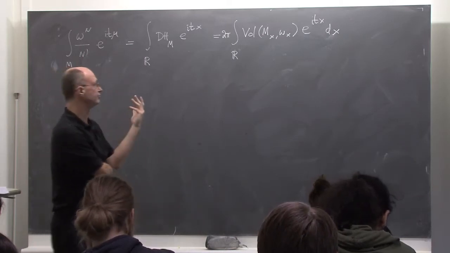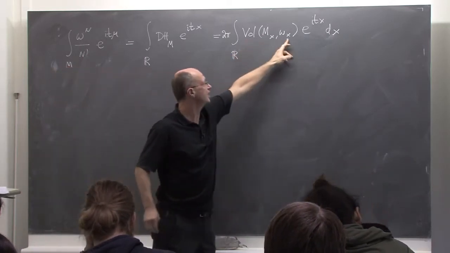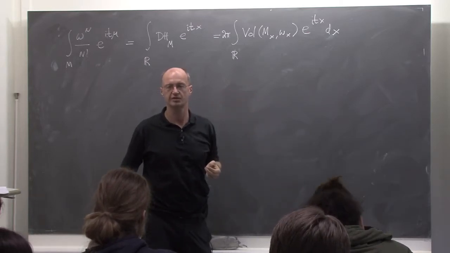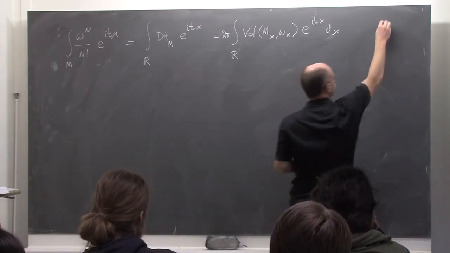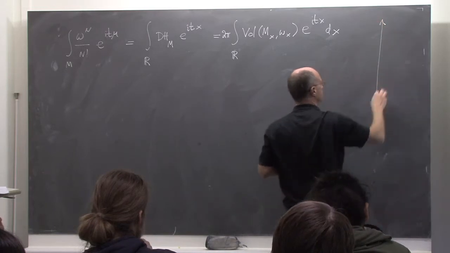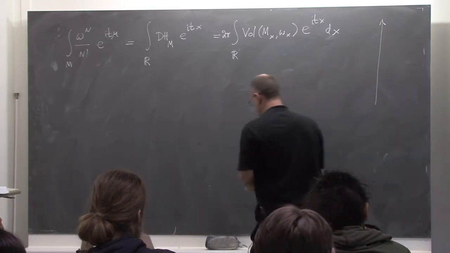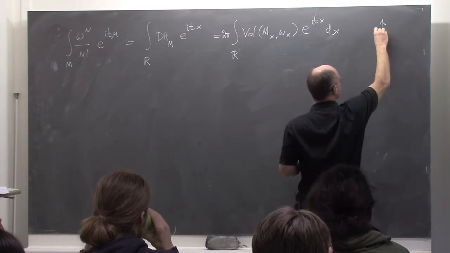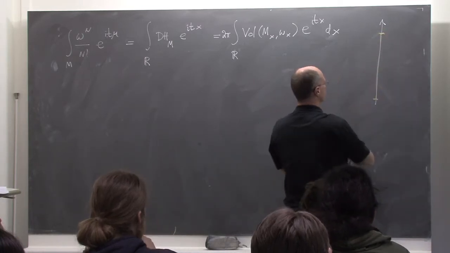Maybe you should be a little bit worried, because this formula I proved for regular values, right? But in fact, imagine that my mu of m is a segment.